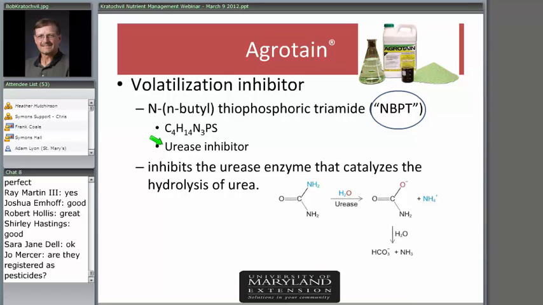NBPT has been tested for a long time. It is a proven urease inhibitor. However, it only will work for approximately 1 to 2 weeks. Agrotain promotes itself as providing nitrogen protection from volatilization for a 1 to 2 week period of time.